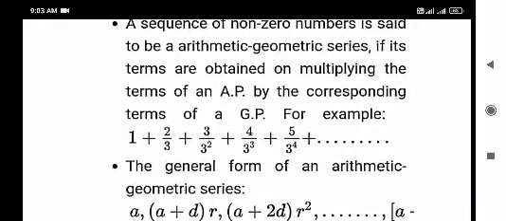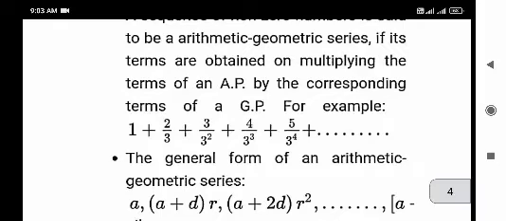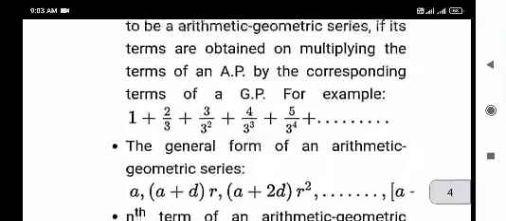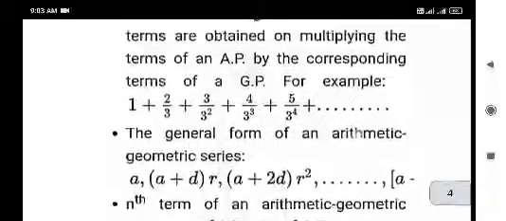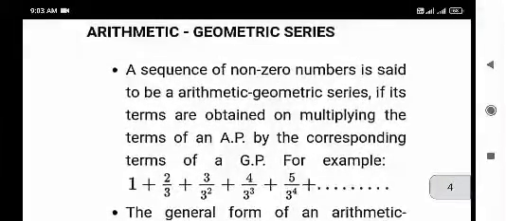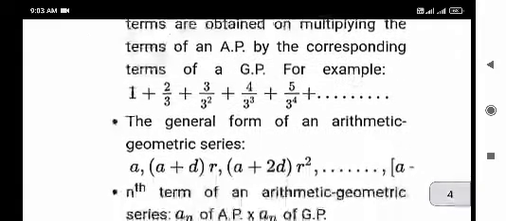Next, if we see the denominator, 1 by 3, 1 upon 3 square, that is 3 square upon 3 is your 3. Then 3 cube upon 3 square is your 3. 3 to the power 4 upon 3 cube is your 3. So here you see that a constant ratio is obtained between the consecutive terms. So this is the combined series of arithmetic progression and geometric progression, right?